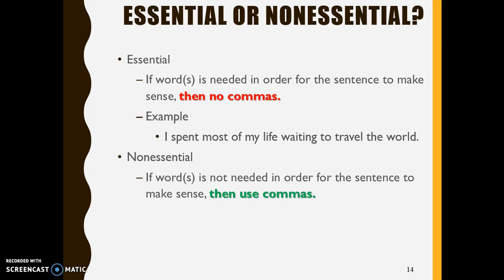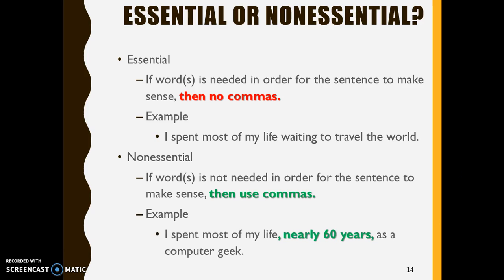The next one I'm going to show you is non-essential because the words are not needed in order for the sentence to make sense. Then you are going to use the commas. In this sentence, I spent most of my life, nearly 60 years, as a computer geek. The nearly 60 years is not needed in order for the sentence to be correct.